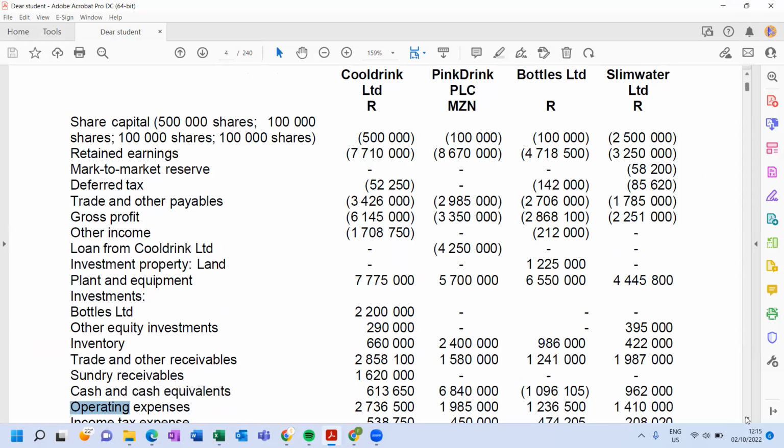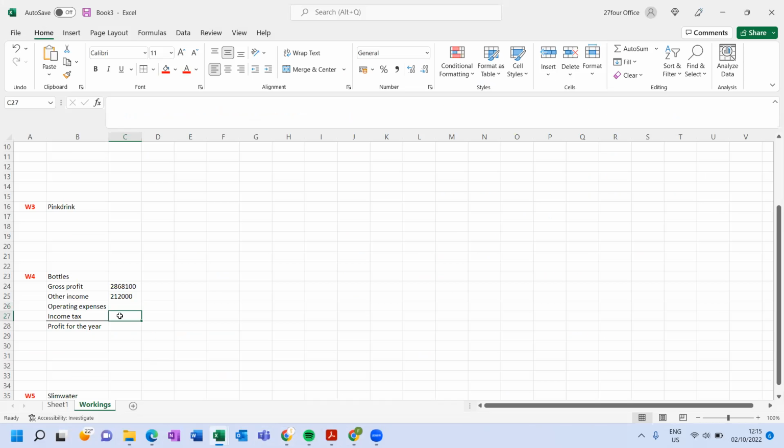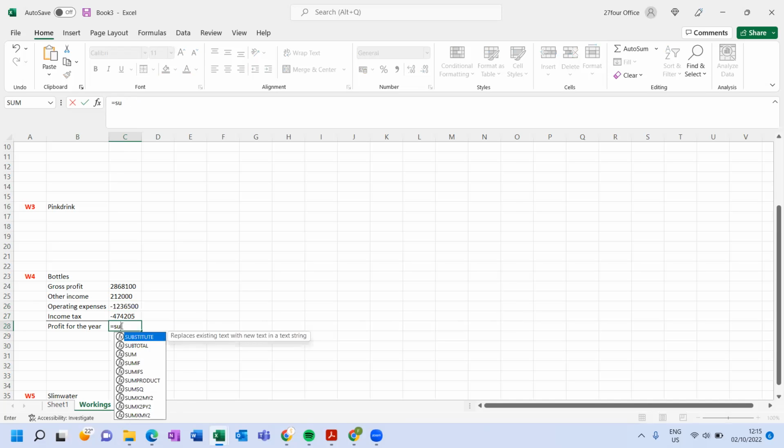So this here is operating expenses, and income tax is 474,205. Okay, operating expenses I copied, so I'm going to paste it. So there we go. So now profit for the year from the separate entity perspective is that.